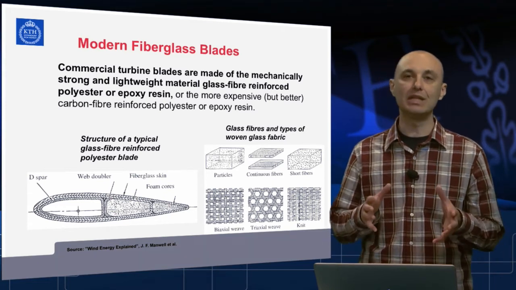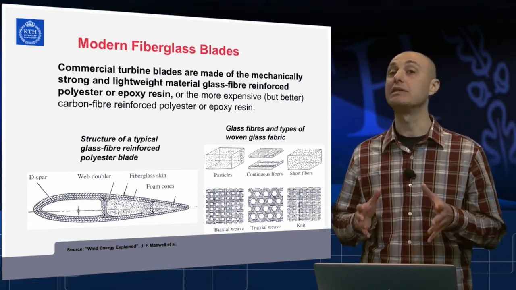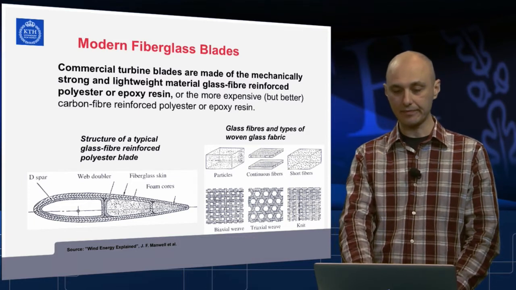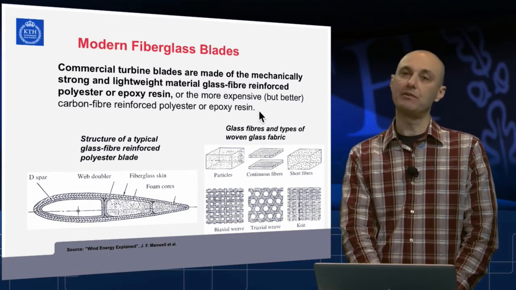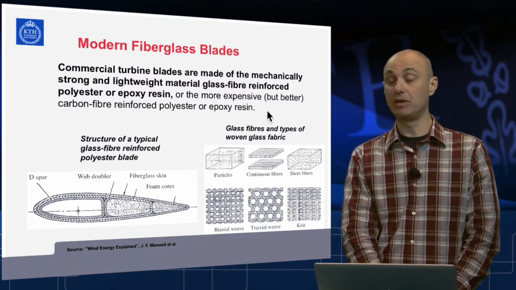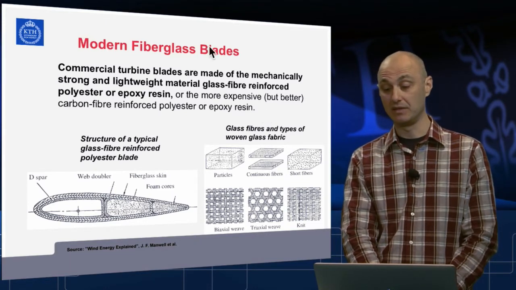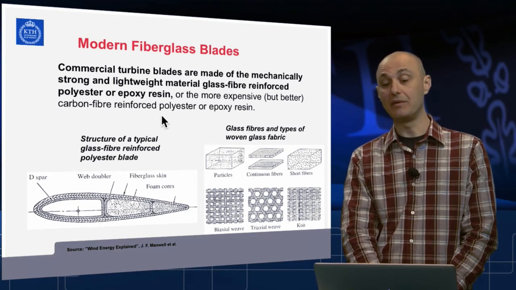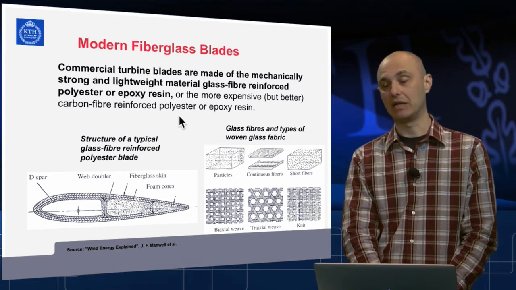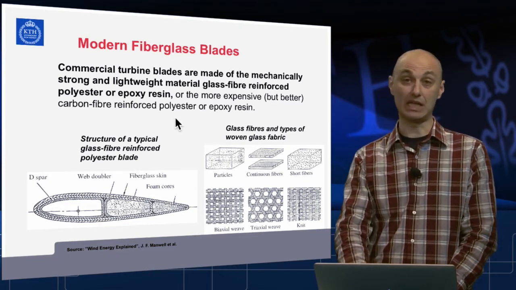It is good enough that at the moment there is nothing better. For more expensive options, probably this would be the only choice towards going to the 100-meter blade: carbon fiber reinforced resin can be used instead of glass fiber fabric.